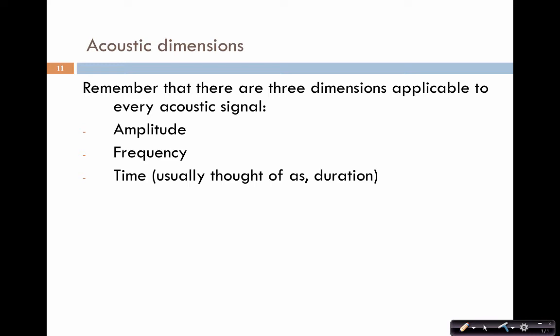One is amplitude, the second is frequency, and the third is time, or some aspect of the temporal domain of the acoustic signal. We usually think of this as the duration of a stimulus. These are the 3 physical dimensions applicable to every acoustic signal, and they have some interplay that affects perception.